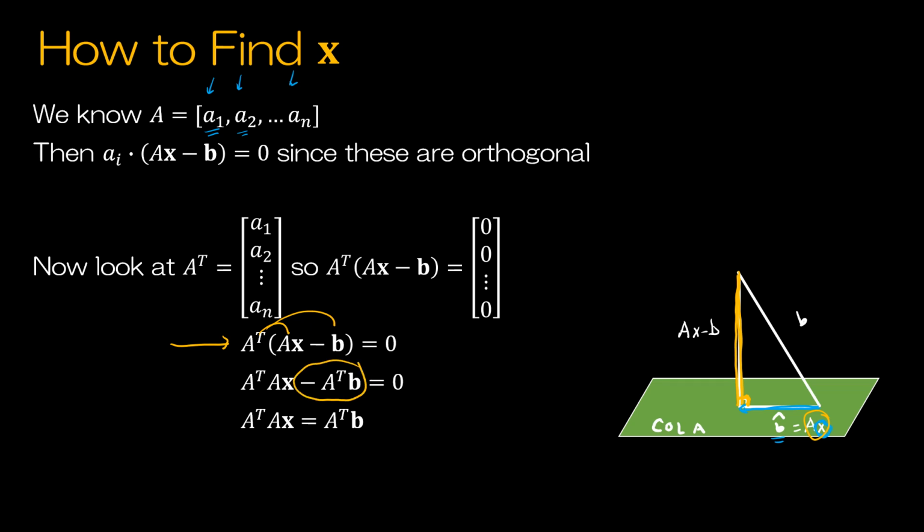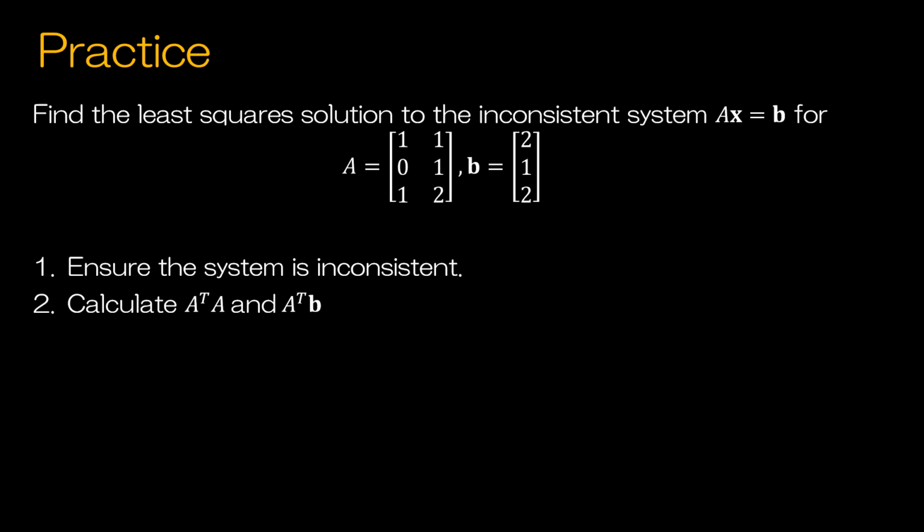Add A transpose b to each side. What I'm going to be using is that A transpose A times x is equal to A transpose b. Again, this is a little jaunt into Dorkville, but here is the outcome. This is what we're going to be using in order to find x, which is the least squares solution.